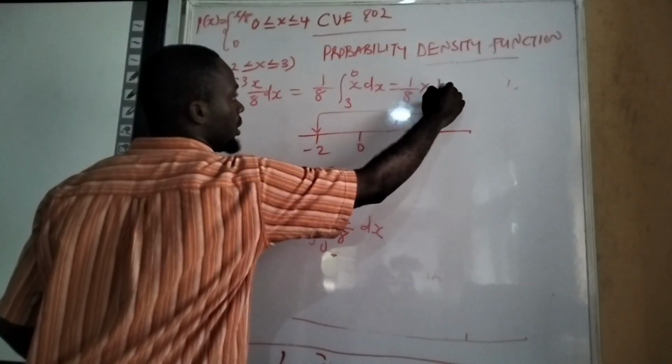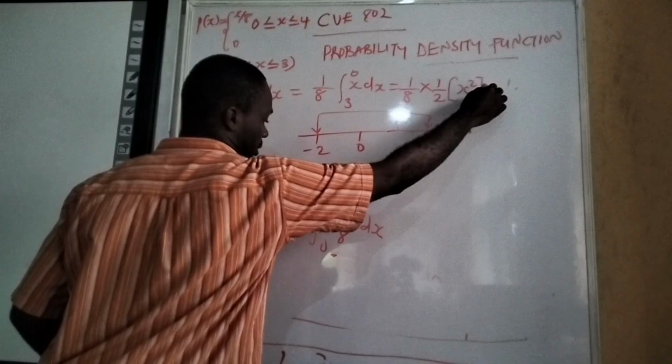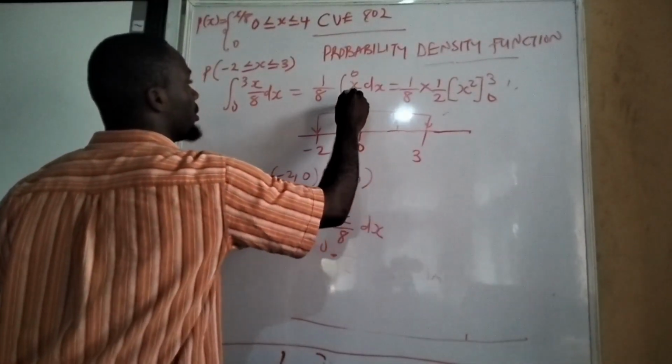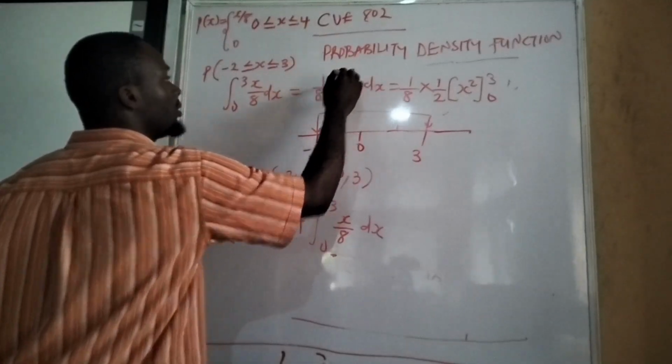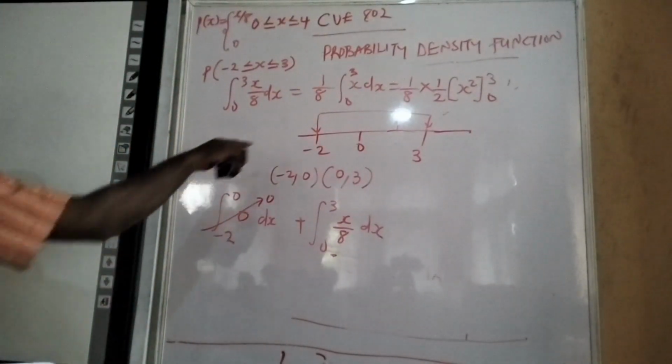So we have 1 over 2, then we have x squared, and take limits from 0 to 3.